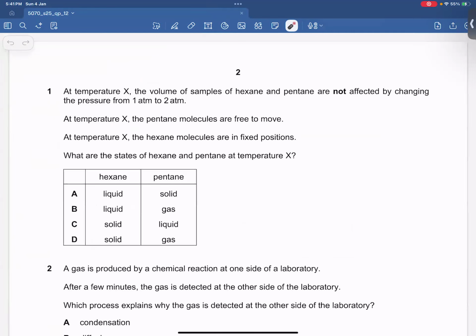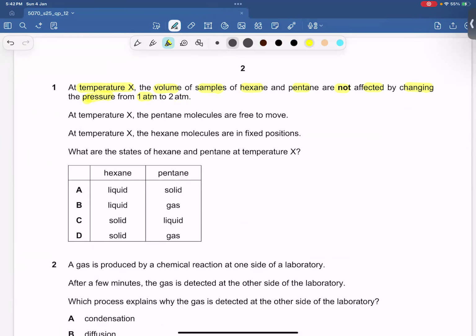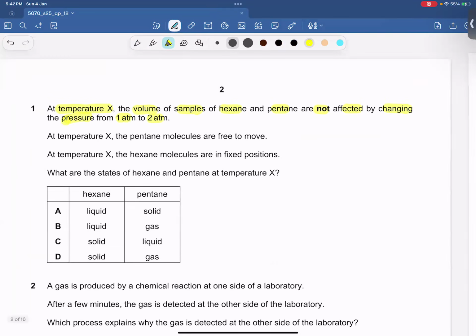At temperature X, the volume of samples of hexane and pentane are not affected by changing the pressure from 1 atm to 2 atmospheres.